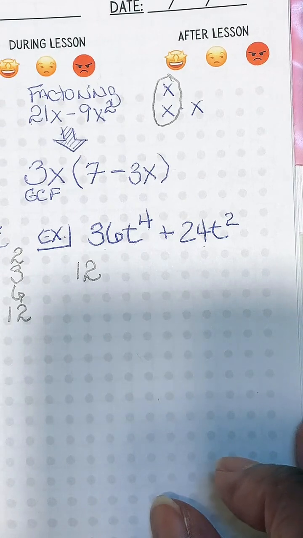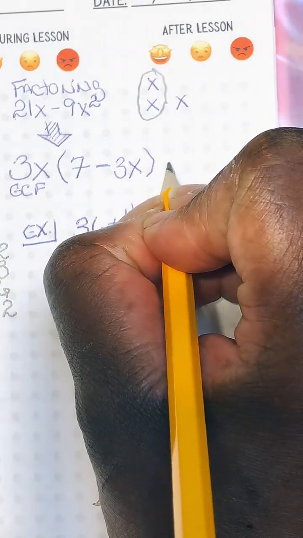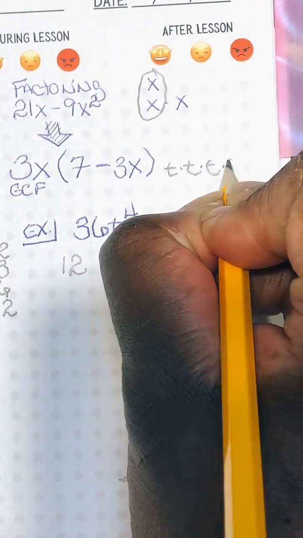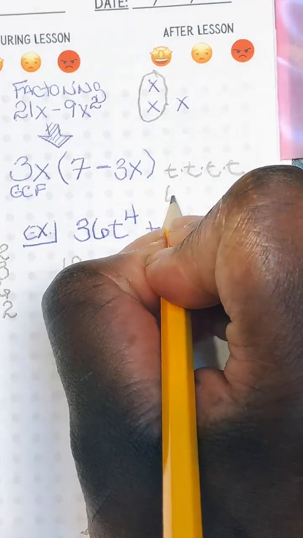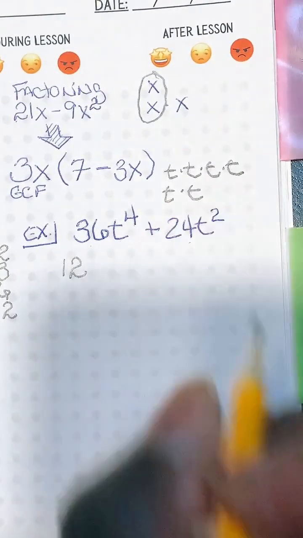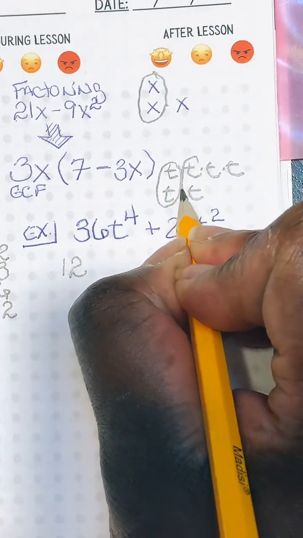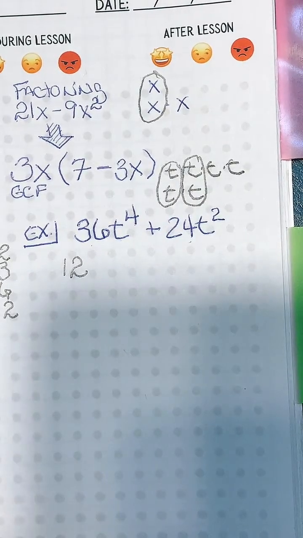I see the variable is what has me stuck. Okay, so t to the 4th, I'm going to put it up here. That's t times t times t times t. T squared, that's t times t. If I were to group them, how many groups of t's do I have?